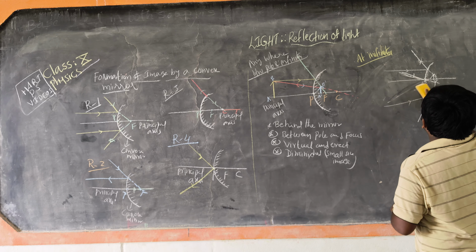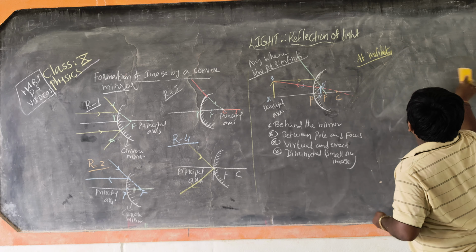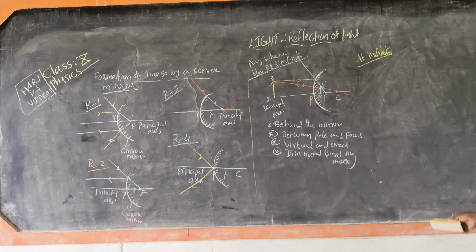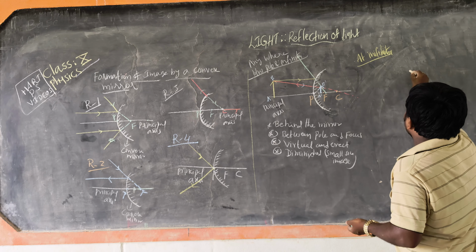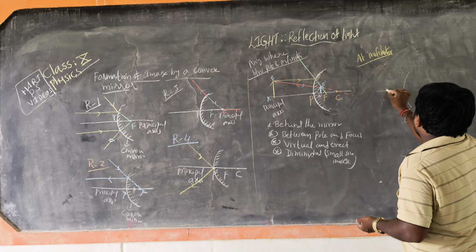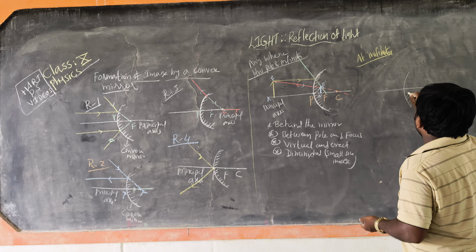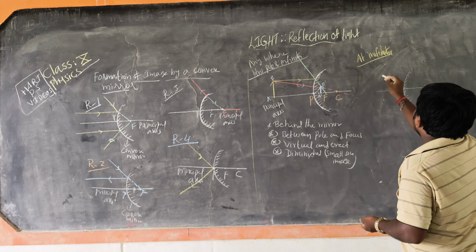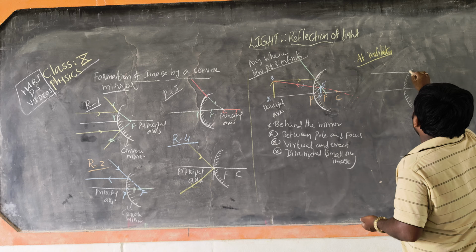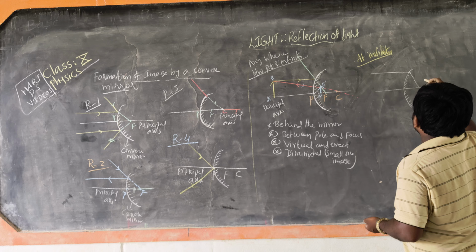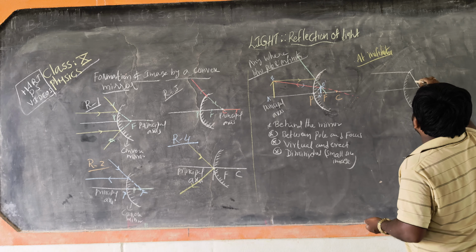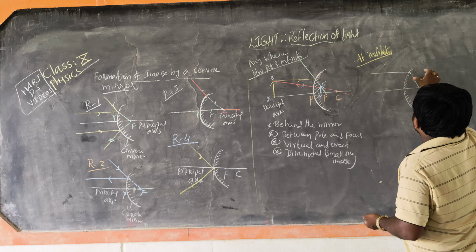So whatever it is, if the object is placed at infinity, the convex mirror forms the image at focus.